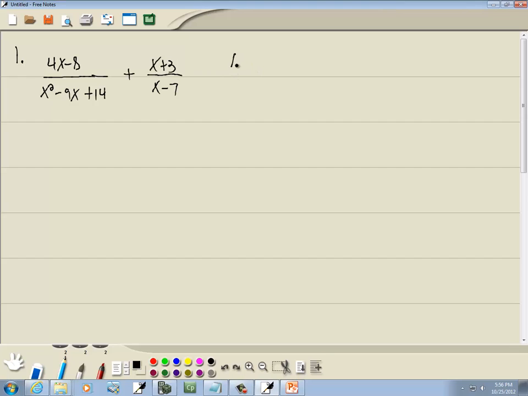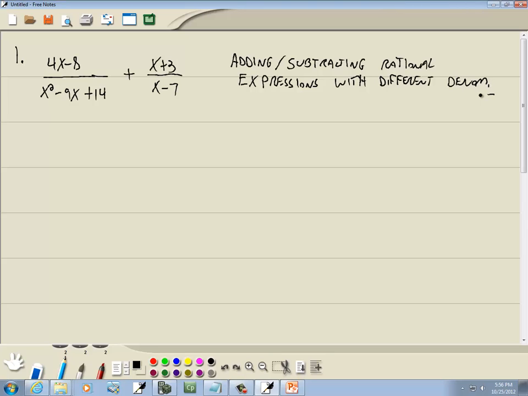And this is adding and subtracting rational expressions with different denominators. Step 1. Factor all your denominators.